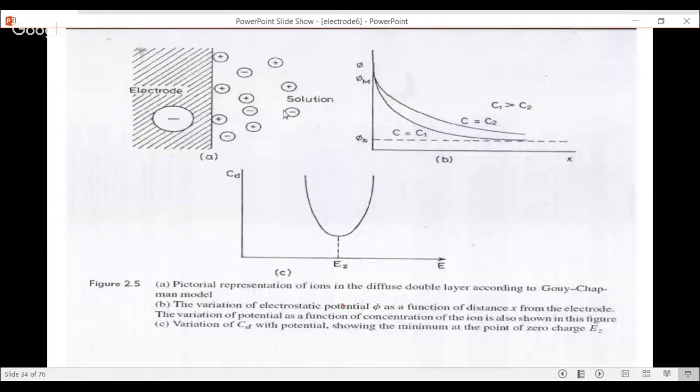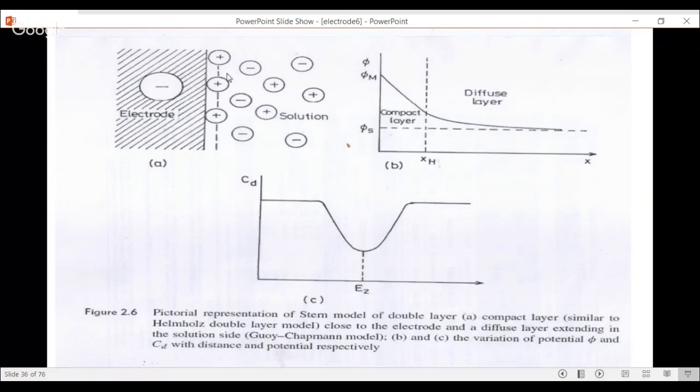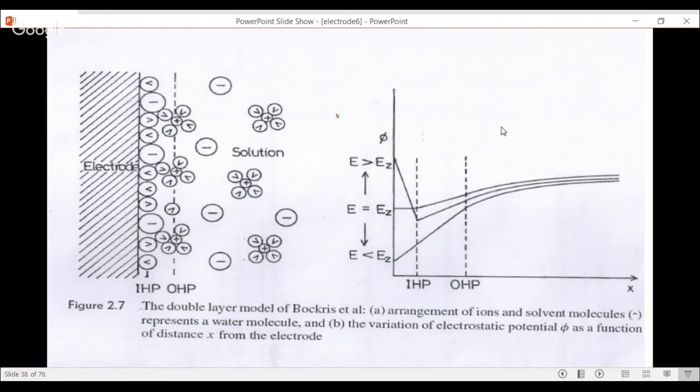Here the diffuse ions are present. Therefore the first layer is a compact layer, followed by the diffuse layer. So the electrostatic potential of the metal, psi m, will vary like this up to the distance of the diffuse double layer. So this is the equation.